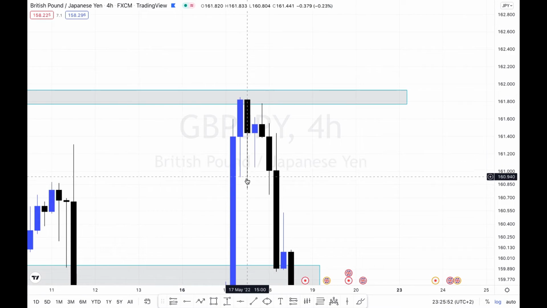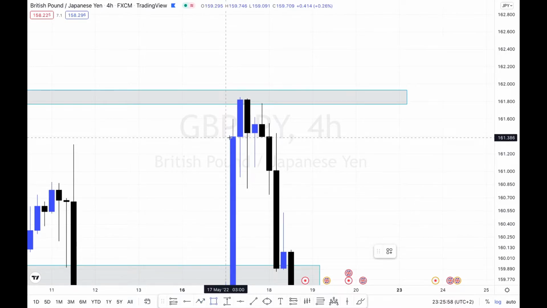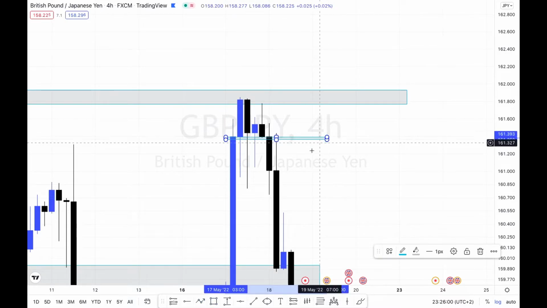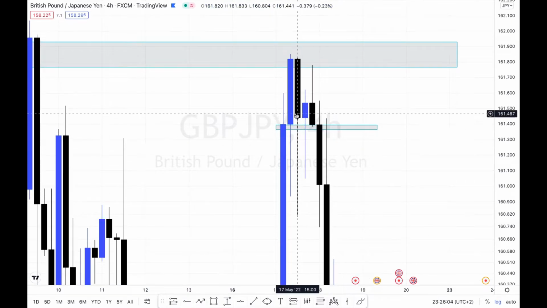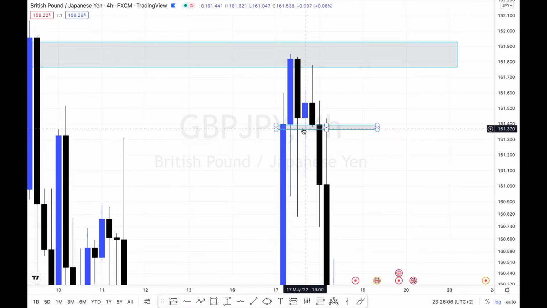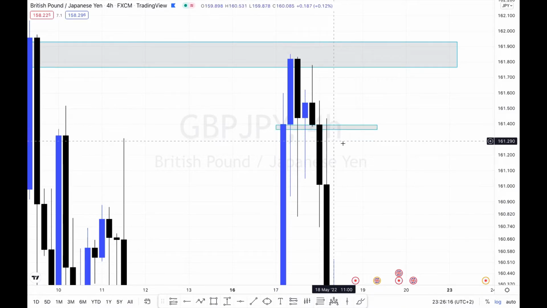So after 3, right? Now we start looking for another entry. So what will we look for? Number 1, we want this because as you guys can see, there is a point where candles are not closing under. So number 1, what do we want? We want a candle, at least one candle to form under this, right?